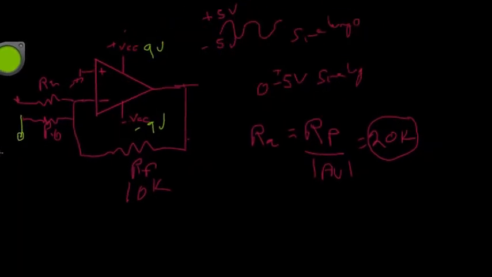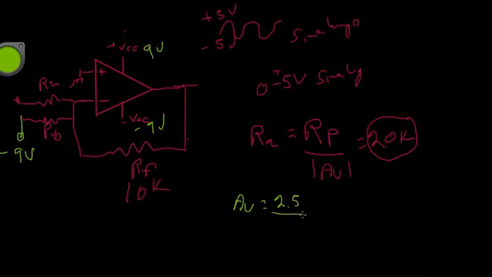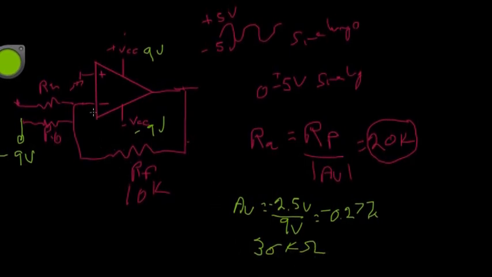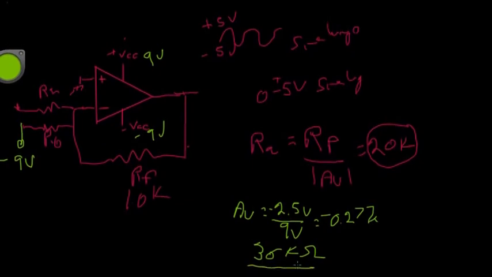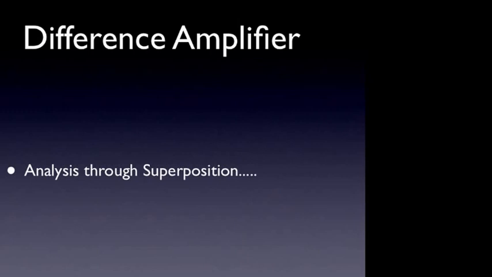Here I'm going to apply minus 9 volts, and A sub V equals minus 2.5 over 9 volts, which equals 0.277. That's a negative gain, and that gives me a resistor of 36k ohms. As it happens, I believe 36k ohms is actually a 5% value resistor, so we can work with that. I'm going to stop there before I go on to the difference amplifier.